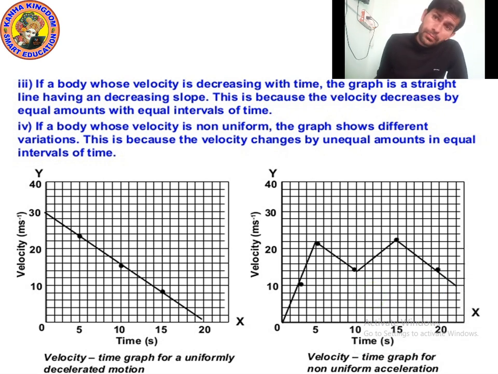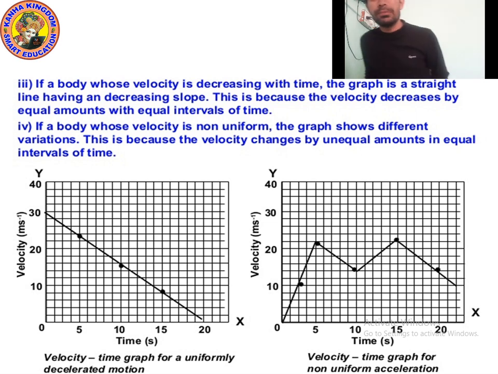But if we see the second picture, the velocity is non-uniform. It means sometimes velocity is decreasing, sometimes velocity is increasing, so it is showing different variation. So it is the graph for non-uniform acceleration, because velocity is changing again and again.